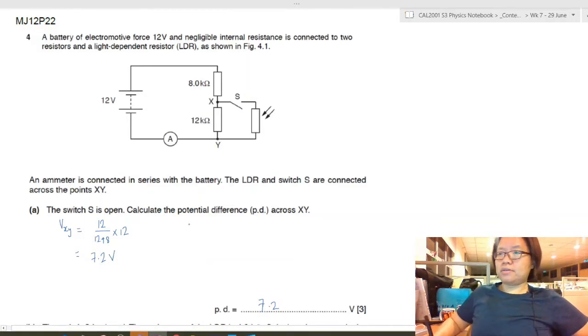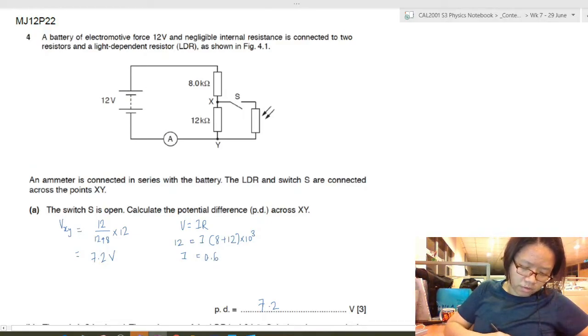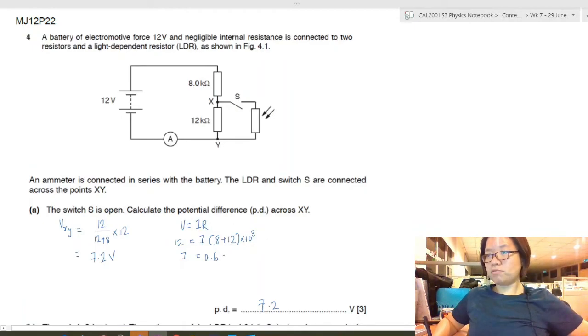Another alternative method, if this makes you uncomfortable, is you can always use V equal to IR. You find the I first. So 12 will be equal to the current and the total resistance, which is 8 plus 12 because they are in series. This is kilo ohm, so I'm going to times 10 to the power of 3 here. So I would be equal to 12 divided by 20, 0.6 divided by 10 to the power of 3, so times 10 to the power of negative 3 ampere, milliampere.